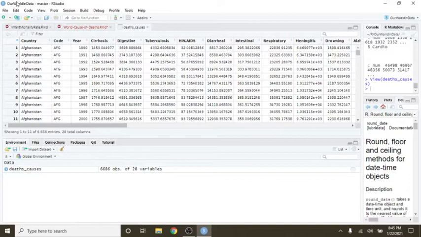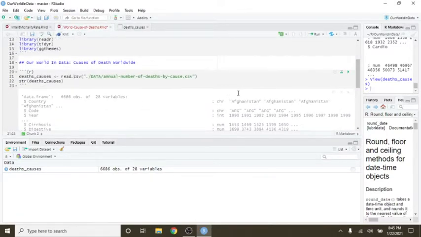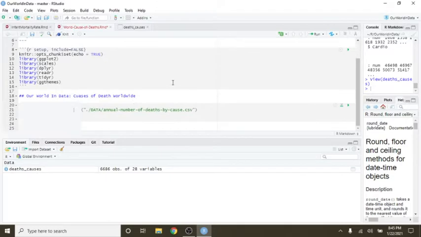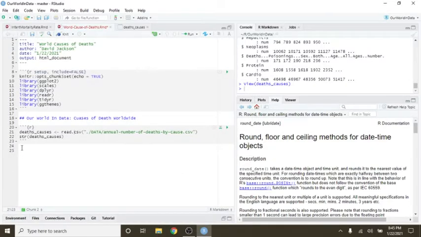That's probably not a bad place to start. Okay. So now let's do our first calculation.